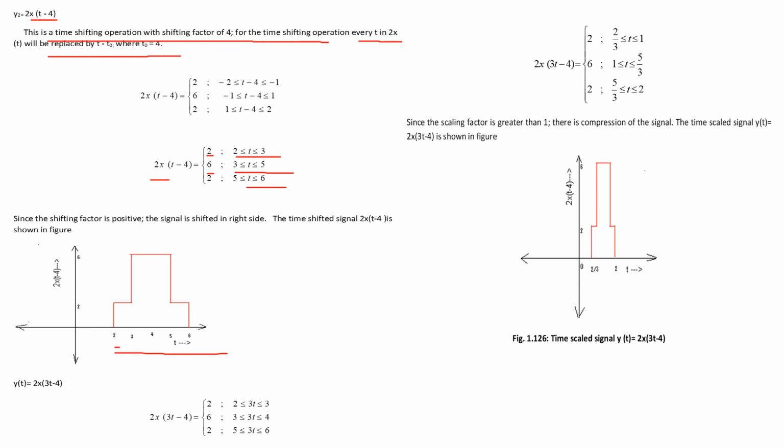And the last operation is time scaling. Here the time scaling is 3t. Since the scaling factor is greater than 1, there is a compression of the signal, and the time scaled signal y of t is nothing but 2x of 3t minus 4, as shown in the figure. When the scaling factor is greater than 1, the resultant signal will be compressed.